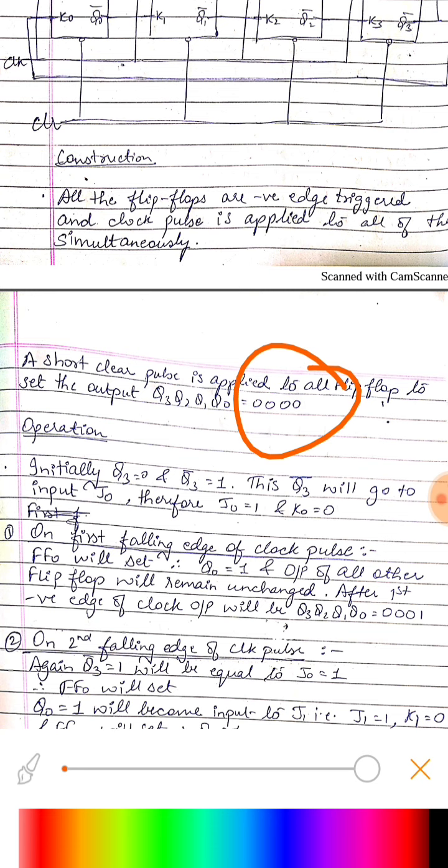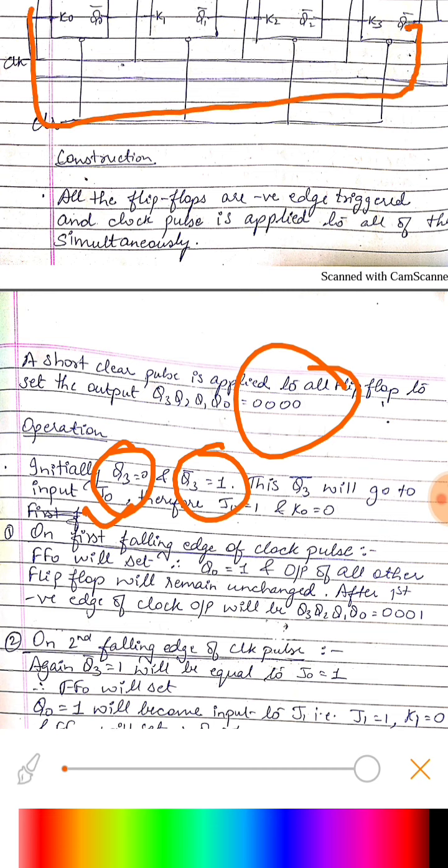Now initially Q3 is 0, as all of them have 0 stored in them. So initially Q3 is 0 and Q3 bar is 1. So Q3 bar, that is 1, will go to J0, okay, and Q3, which is 0, will go to K0. So what would happen?